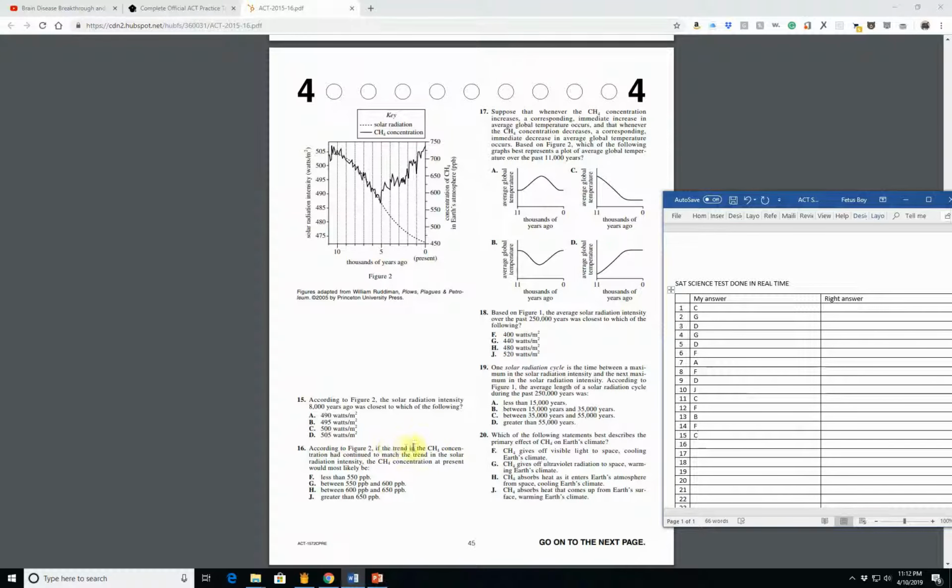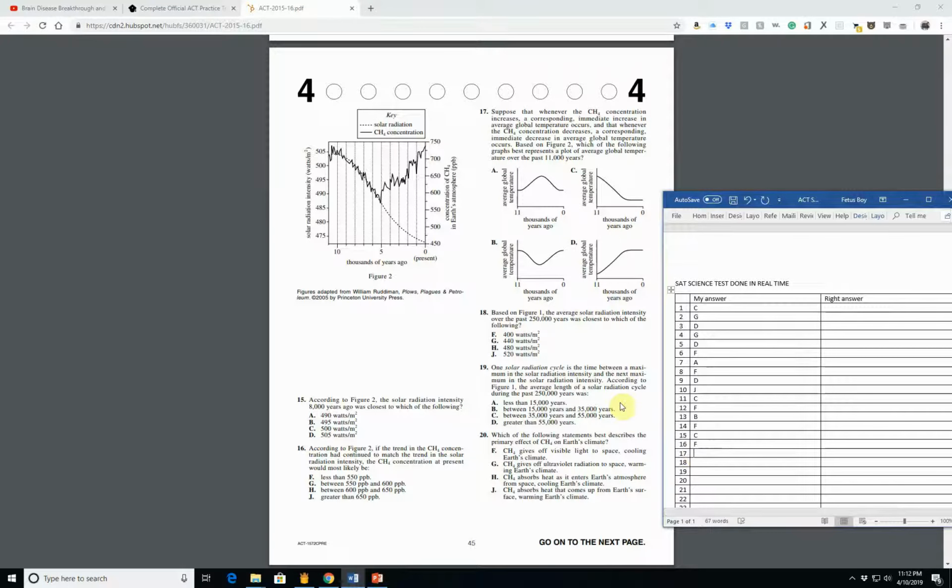Okay, according to Figure 2, if the trend in the CH4 concentration continued to match the solar radiation, the CH4 concentration at present would be, okay, solar radiation was going down, CH4, okay, so it would have to be roughly 450. Okay, so yeah, definitely less than 550 parts per billion, ppb.